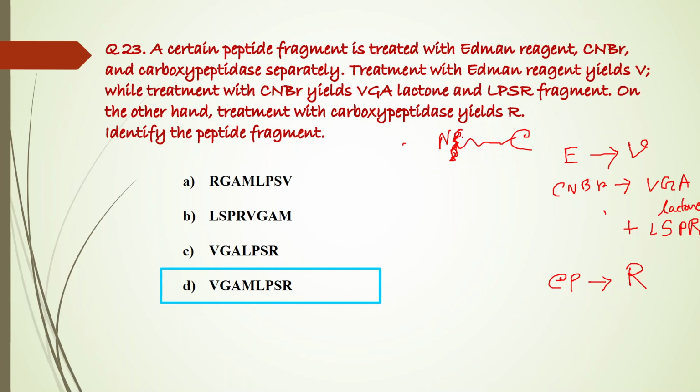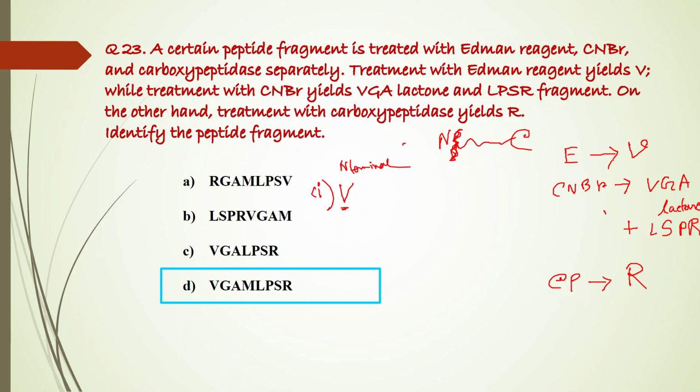Basically, Edman degradation will always tell you what is the amino acid residue that is sitting at the N terminal. So as we are getting valine, we already know that valine is sitting at our N terminal. It is already known.